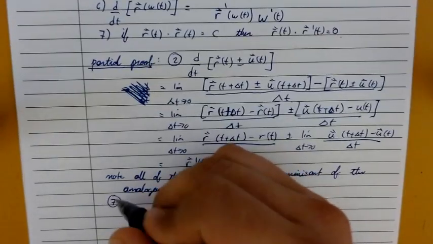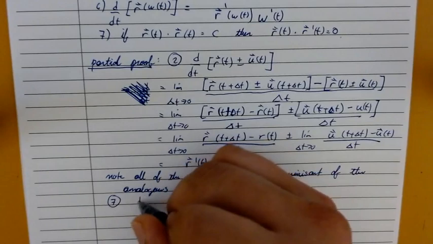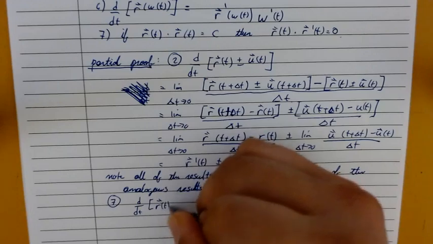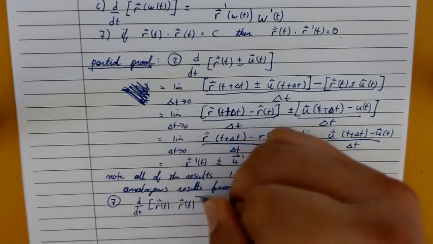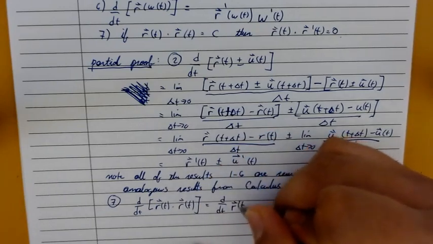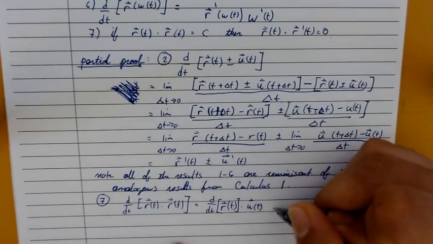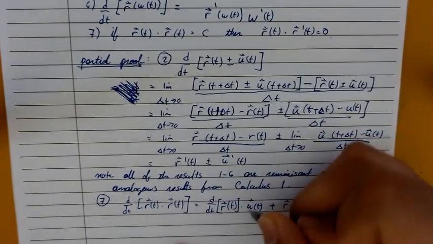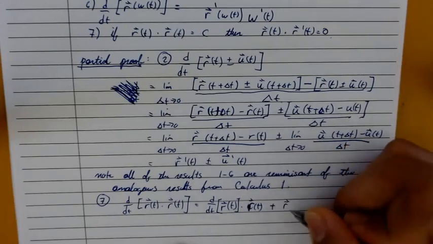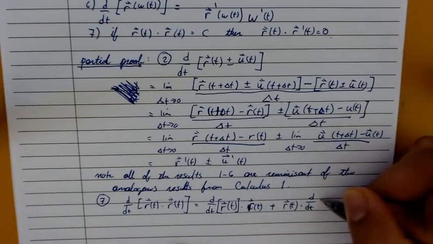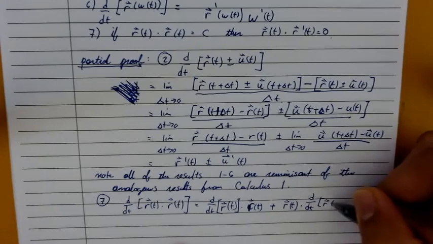So the derivative with respect to t of r of t dot r of t is equal to the derivative with respect to t of r of t dot u of t plus, that u should be replaced with an r. So let me go ahead and do that here. And then r of t times the derivative with respect to t of u of t. Again, that should be replaced with an r of t.